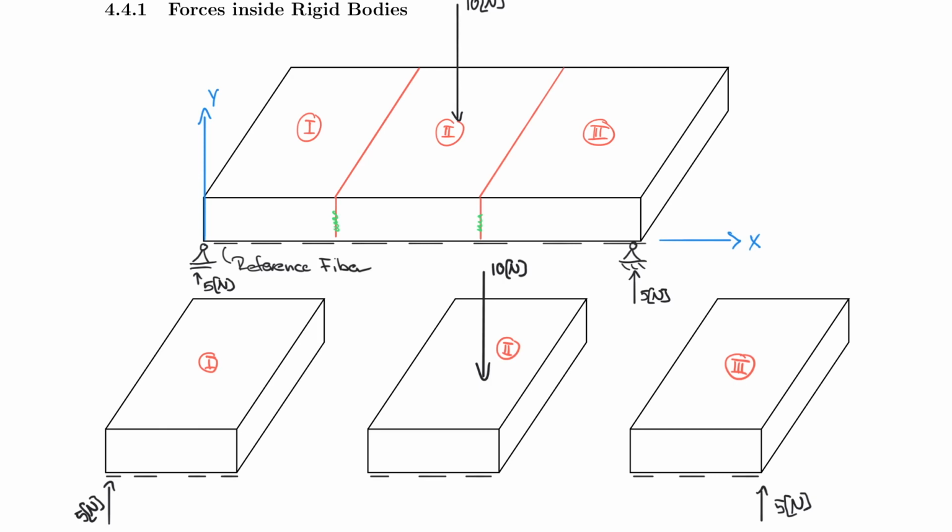So the question we really need to ask ourselves is, what do we need to do at this surface and this surface to bring the system back into equilibrium? We can do this piecewise. We can first bring this back into equilibrium, then this one, and then this one, or in any random order really.